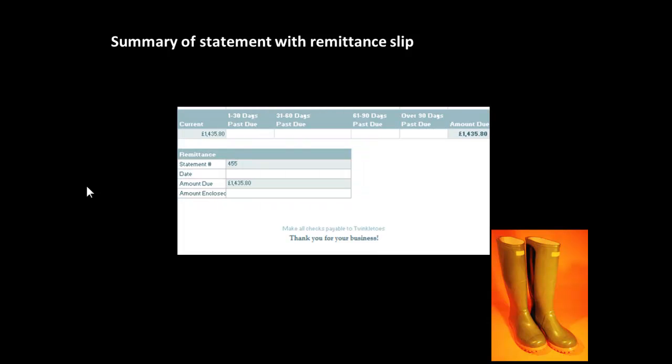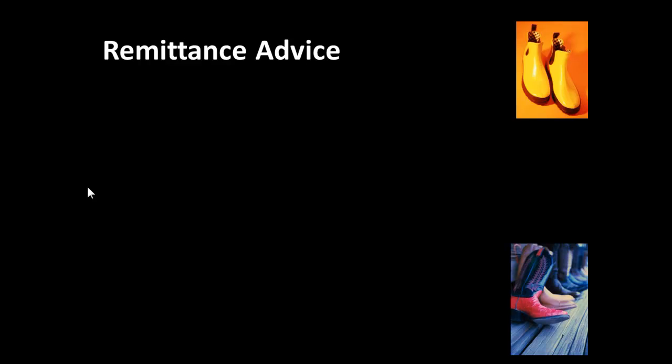At the bottom of the statement, there will usually be a remittance slip, which is a tear off or a perforated part where you can send in your check or whatever for what you owe. Of course, many firms will not be paying by check, they'll do online bank transfers or something like that, but we'll go the old-fashioned way and assume that they're going to pay this amount by check.